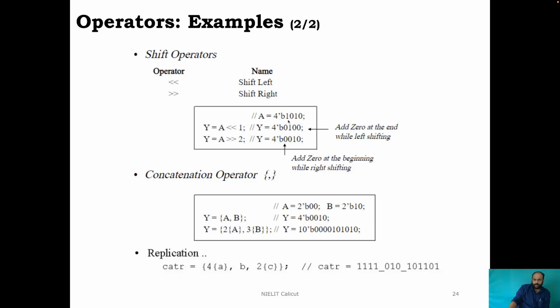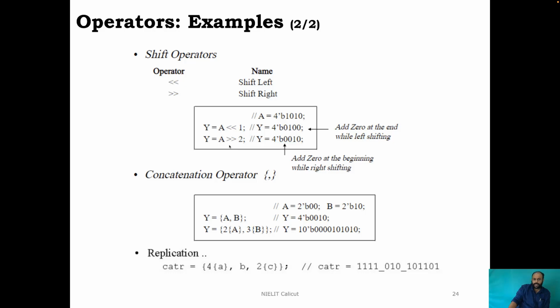So the most significant 1 of A will be shifted out and lost. Then the next 0 will come as the MSB, the next 1 will come as the next bit, the least significant bit 0 will become the third bit, and there is a gap, which will be filled with a 0 while shifting to the left.